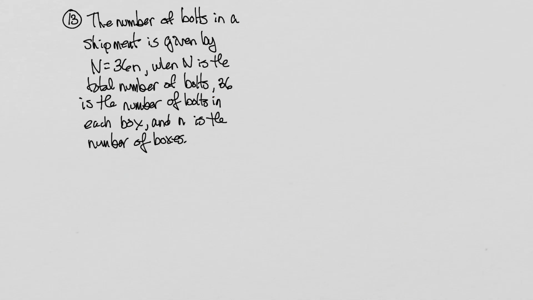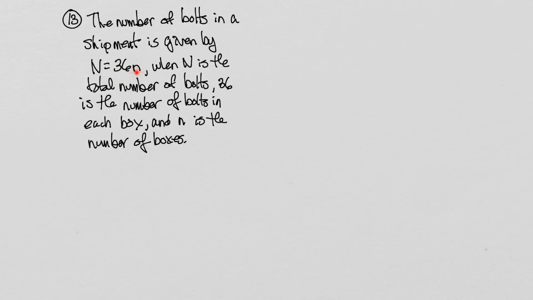Problem 13 deals with the number of bolts in a shipment. And we're given this formula here, that the number of bolts in a shipment is 36 times lowercase n, where capital N is the number of total bolts in the shipment, and 36 is the number of bolts in a box, and small n is the number of boxes.